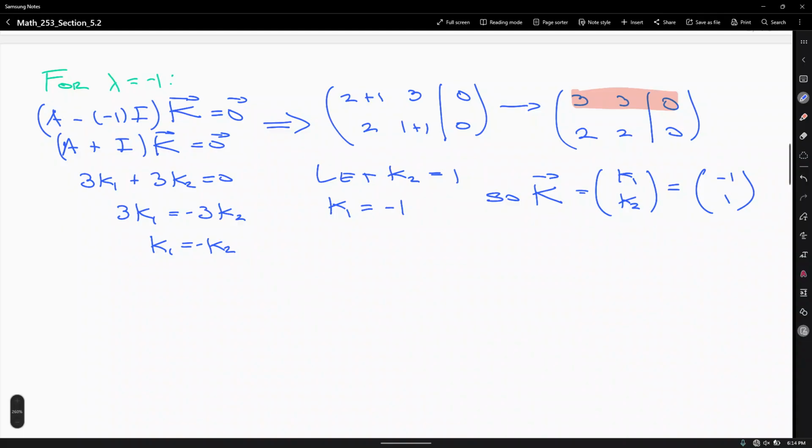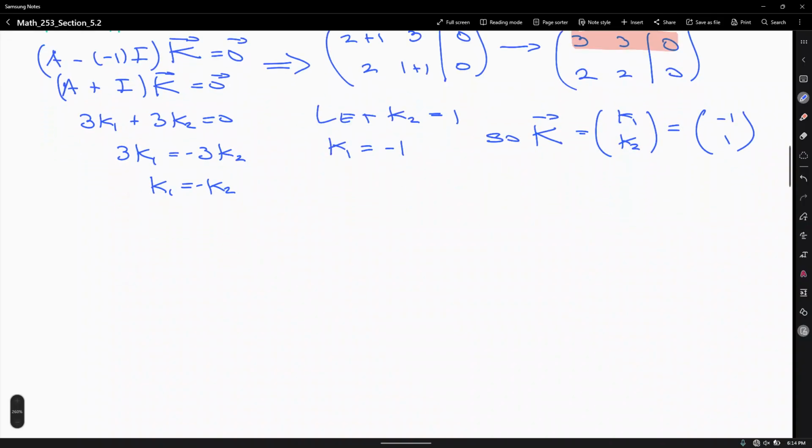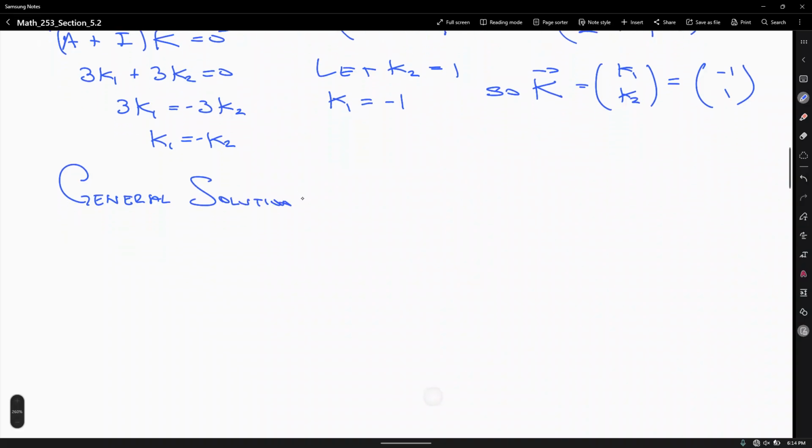Now let's put everything together. Let's write our general solution. Our general solution will be of the form x equals C1 K1 e to the lambda 1 t plus C2 K2 e to the lambda 2 times t. So that's the form of the solution to the system.